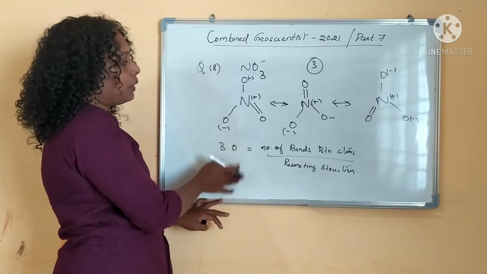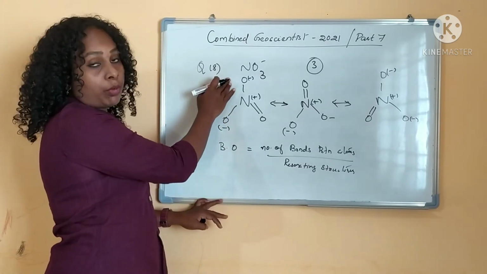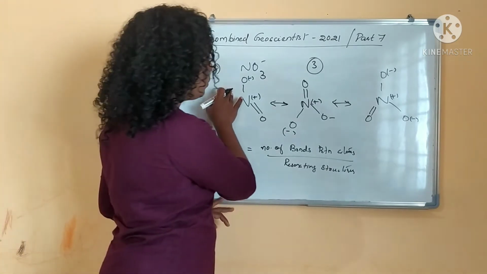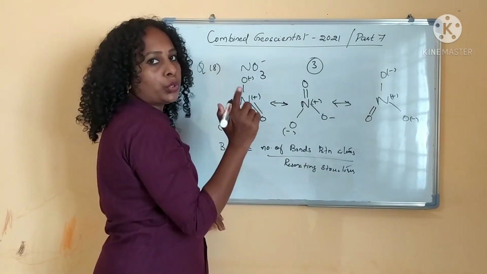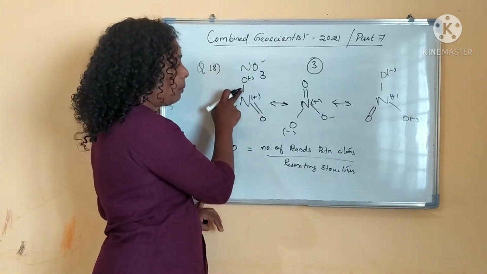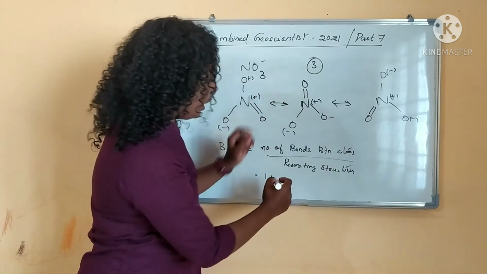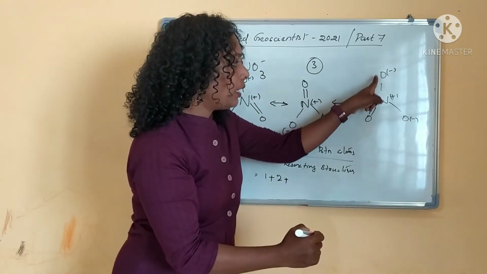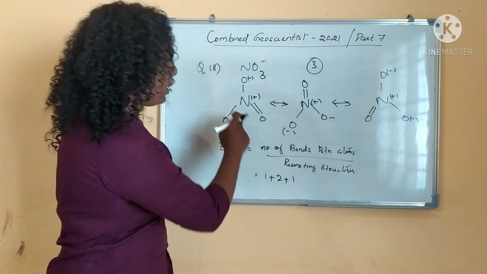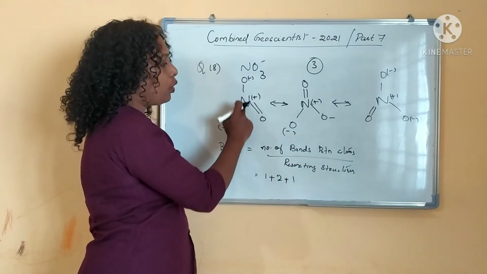This is the easy way, okay? You have to find how many bonds are present between two atoms. You should not change the atoms, okay? Here you will have 1 bond, here it will be 2 bonds, and here it will be 1 bond, right? The same N-O bonds you have to take.